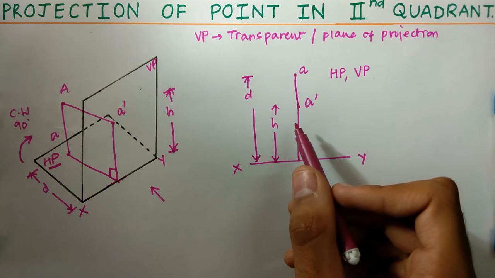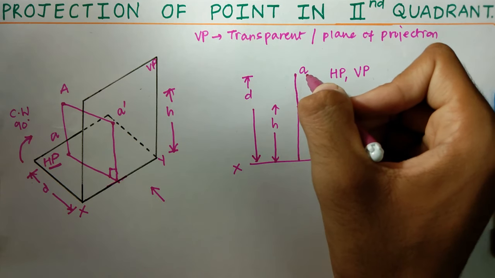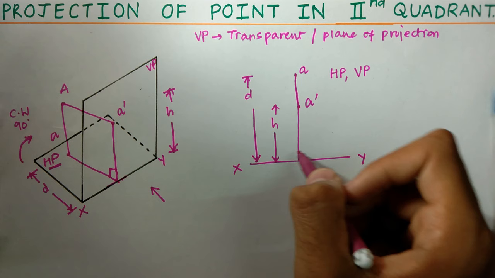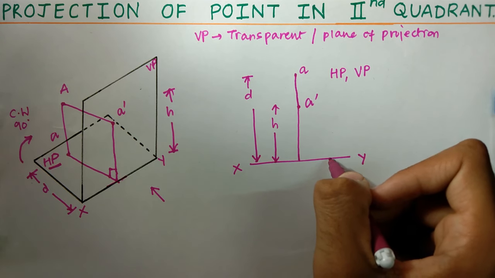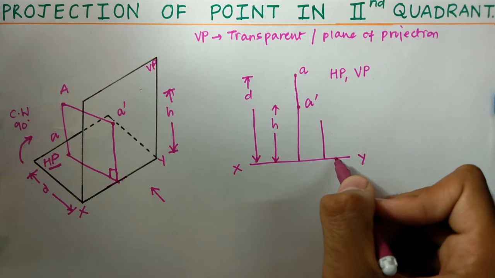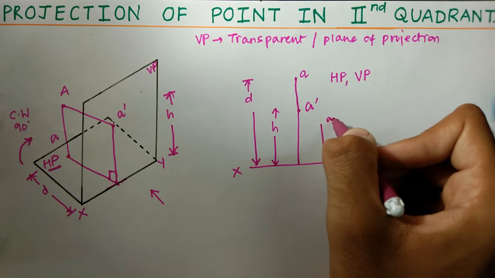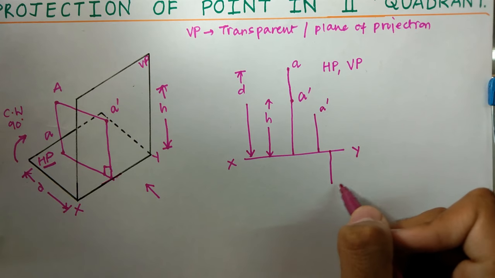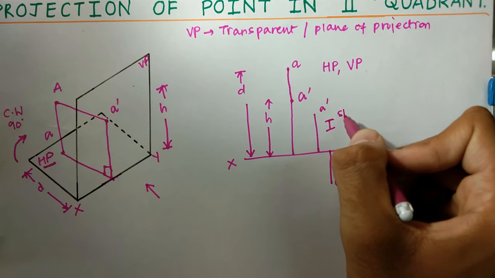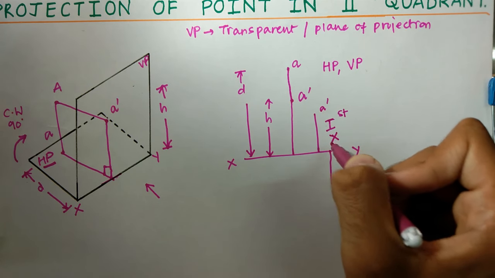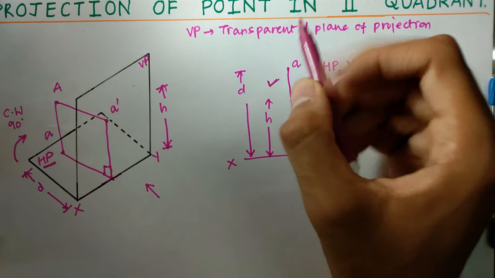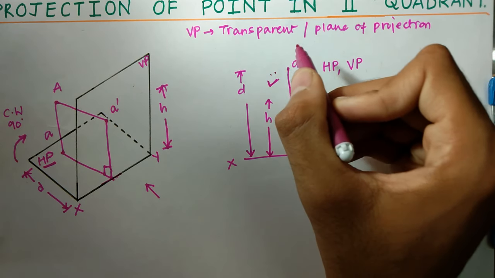We have noted that this front view and the top view both should lie in the same line only. It should not be intersecting each other at a certain distance. Means it should not be like this. A dash A. For a first quadrant, it is considered a wrong manner, and for a second quadrant, this is considered the right manner.